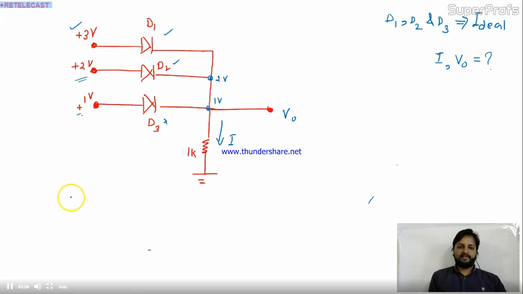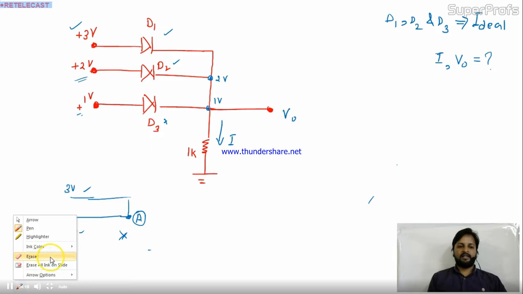So in that case, this will be on at 3 volt, this is also on at 2 volt, and again at this point you are getting two voltages, 3 volt and 2 volt. This is a faulty condition. It can't be possible. So again, this assumption is also wrong.